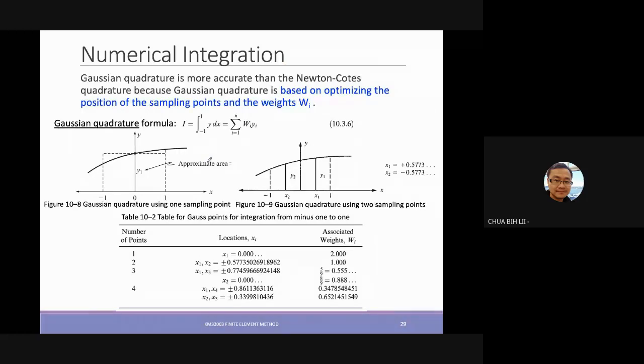So this is the Gaussian quadrature method, where it is again widely used based on the optimized position of the sampling point. This sampling point or the integration point itself is again a term that you commonly hear in finite elements.